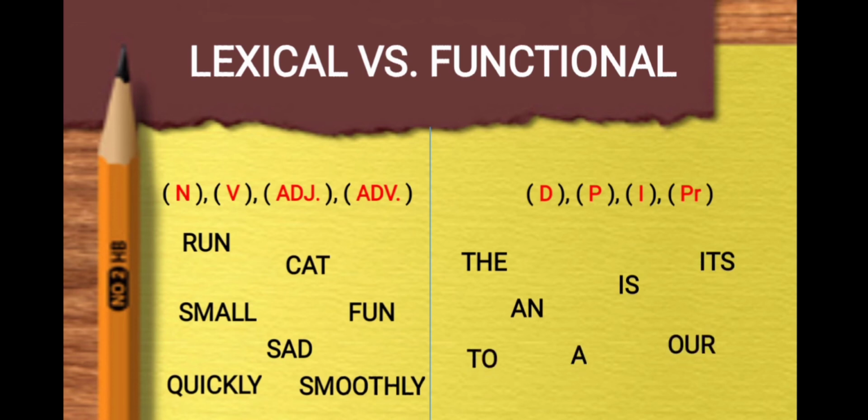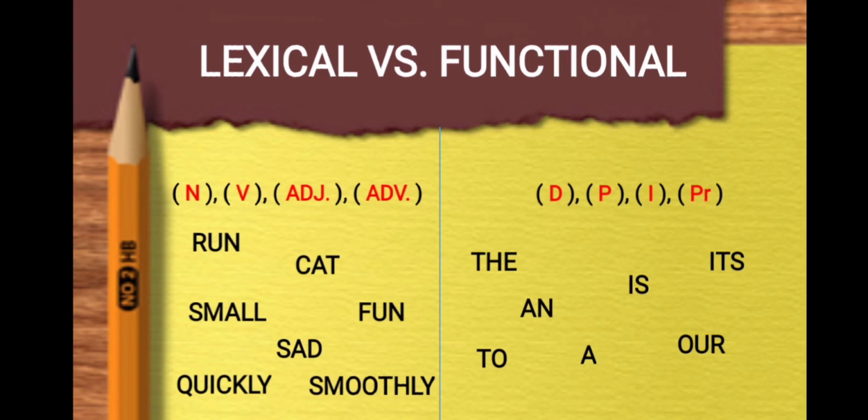That's how we define the lexical and functional. It's very obvious that the words in lexical, run, cat, fun, small, are lexical because run, if we define it word by word, is a verb, cat is a noun, smoothly is an adverb, fun is considered an adjective, and so on and so forth. Also, the words the and to belong to the classes of functional.